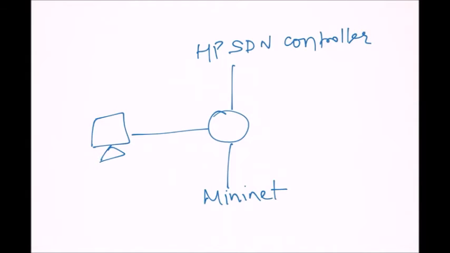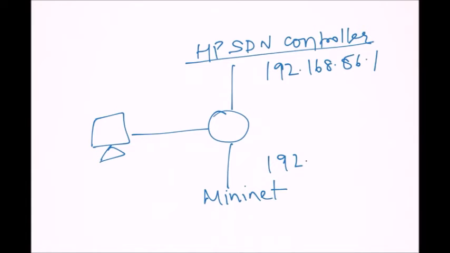This computer will have the IP 192.168.56.1. So this is the IP address of my controller, and for Mininet the computer will have an IP of 192.168.56.50.